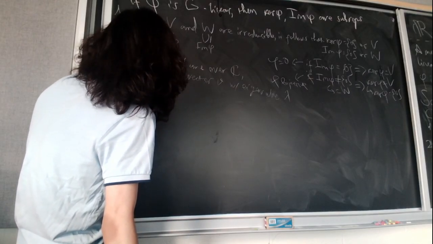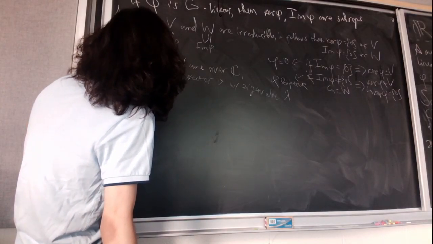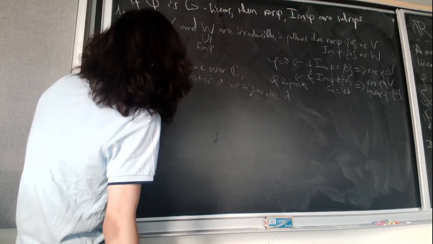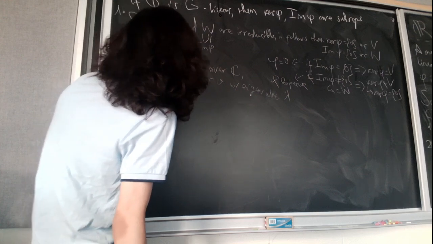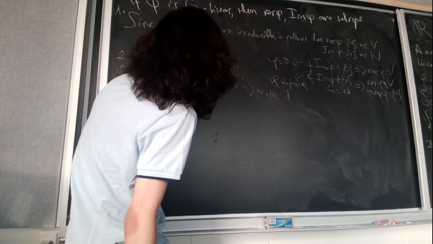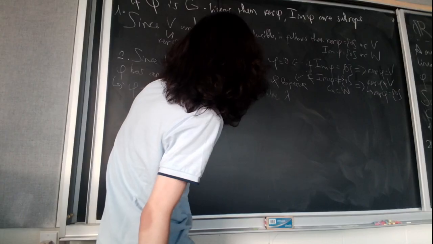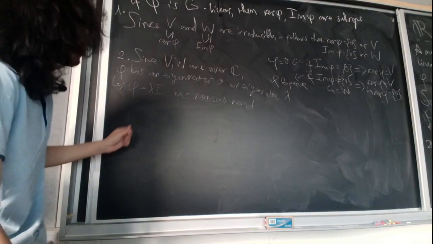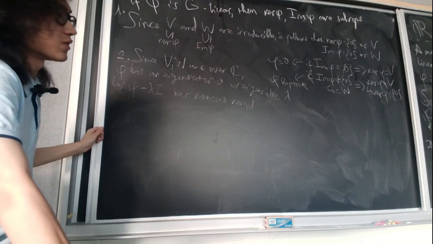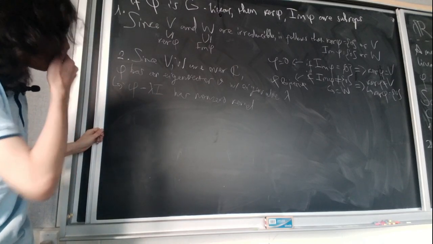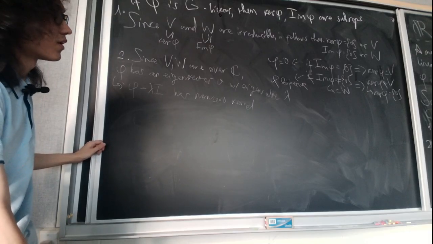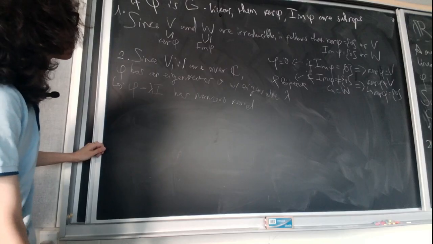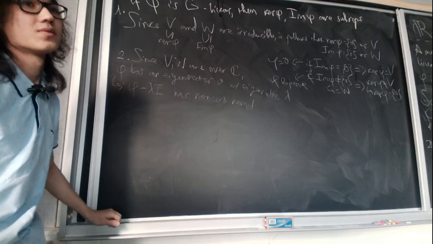So we have that phi minus lambda I has non-zero kernel. What can we say about phi minus lambda I? What else can we say about it? In particular, something about how it interacts with G, maybe, or some nice property.